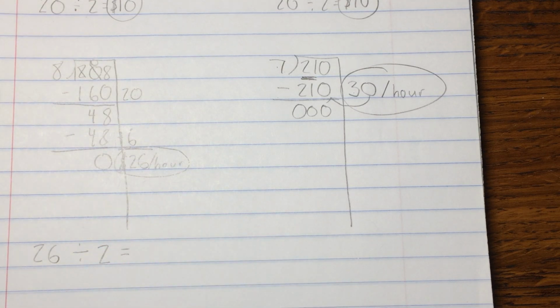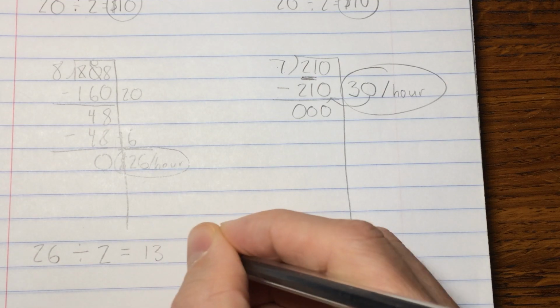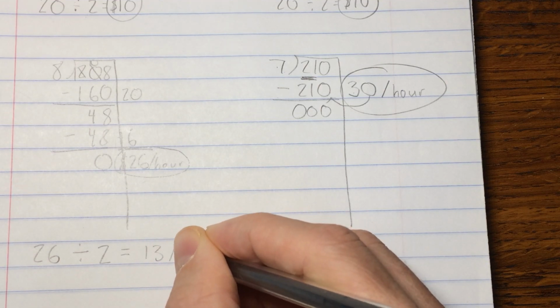This is the total amount of money they're getting all together. They have to split it right down the middle. And 26 divided by 2, again, you can use a calculator, or you can say, well, I know 2 goes into 20 10 times. 22 would be 11, 24 would be 12, 26 would be 13. So each girl gets $13 per hour.